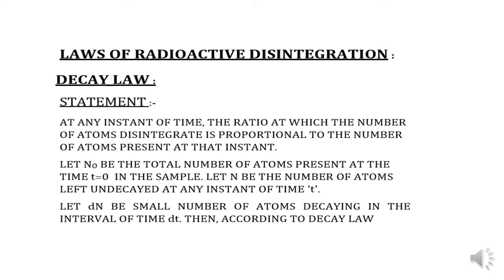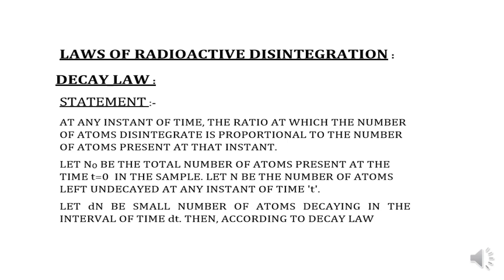Let n0 be the total number of atoms present at time t equal to 0 in the sample. Let n be the number of atoms left undecayed at any instant of time t, and let dn be a very small number of atoms decaying in the interval of time dt.